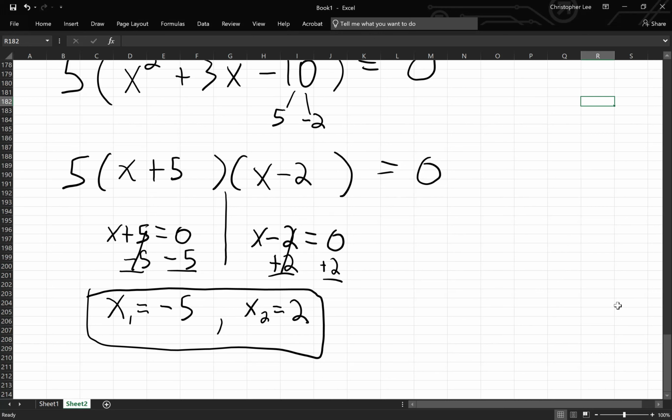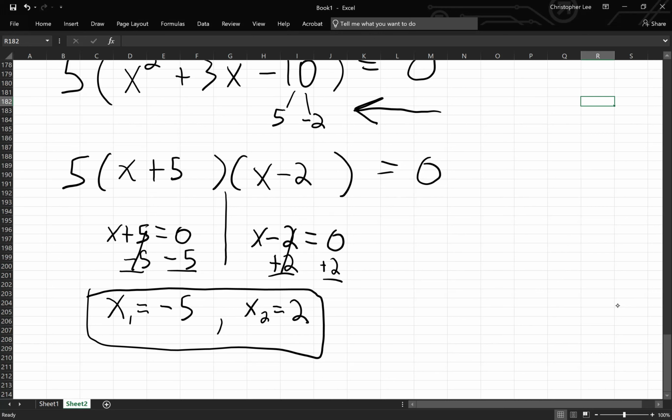We don't need to, because this is like the C method instead of the AC method, you know? But it's the same thing. Even if we did the grouping thing and all that, it would come out to the same answer. It's just that the two numbers that you would find in the grouping, in this case being the 5 and the -2, right? You could just write them next to an X, and then that would be the factors.